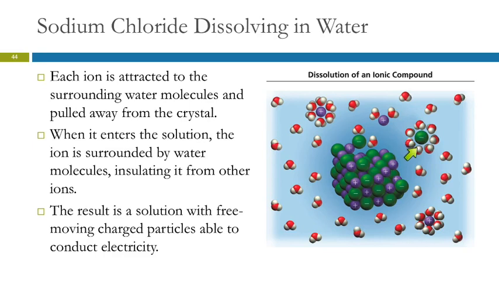And the chloride is feeling the love from the water molecules over here. So the water molecules are making up for the forces of attraction that are lost by the ions separating from each other. Does that make any sense?